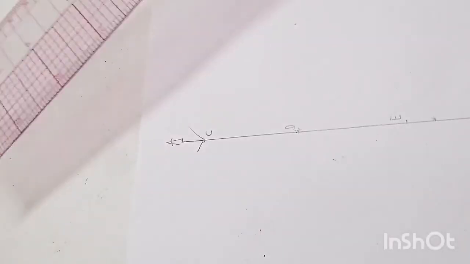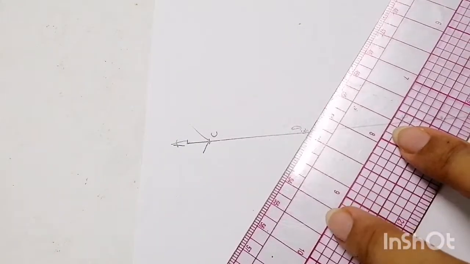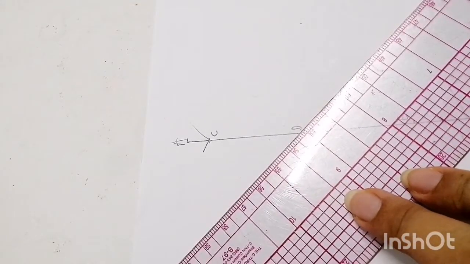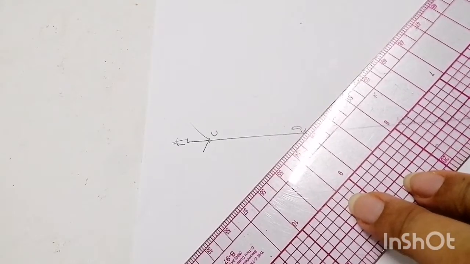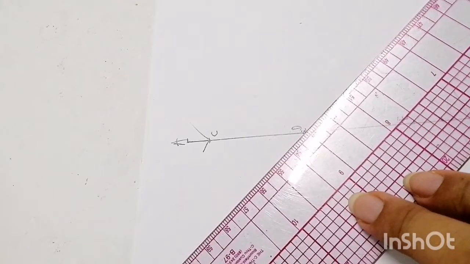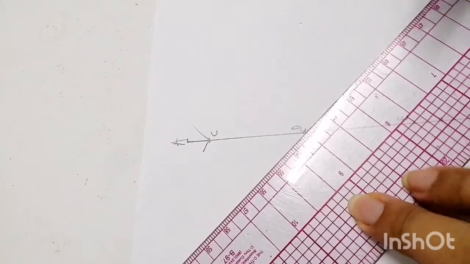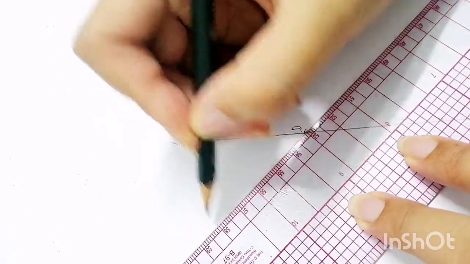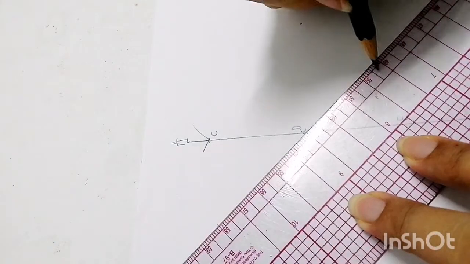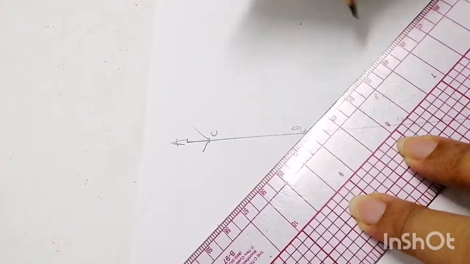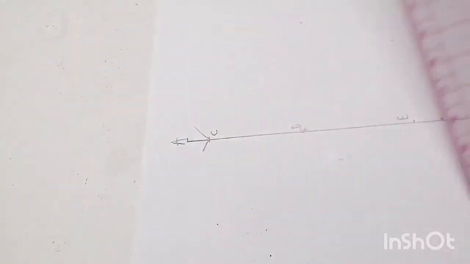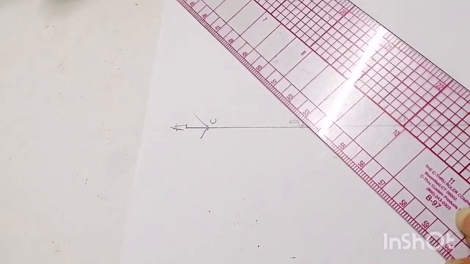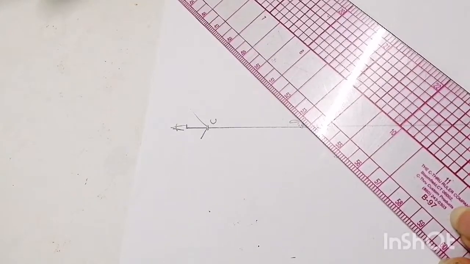Then I'm going to do a 45-degree angle just to check if I can get 5 cm. I have 1, 2, 3, 4, 5 cm here, and 1, 2, 3, 4, 5 cm here. This is a very traditional way to do the compass, the perfect circle.